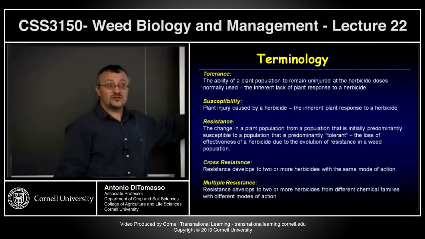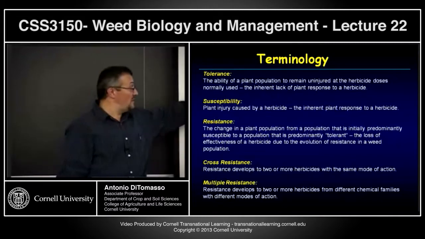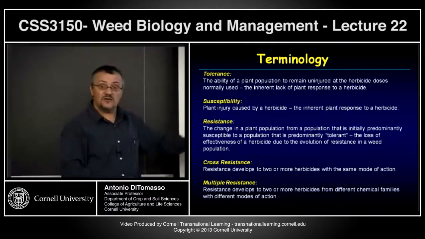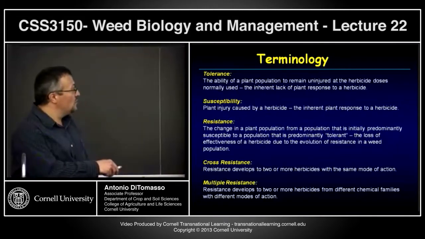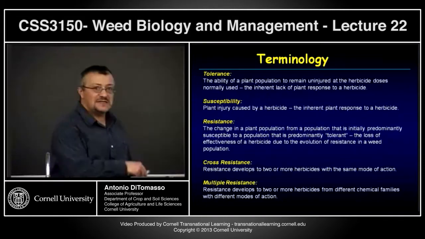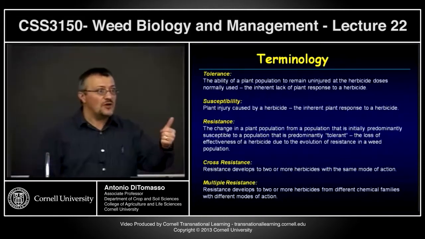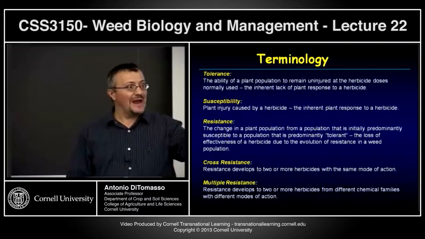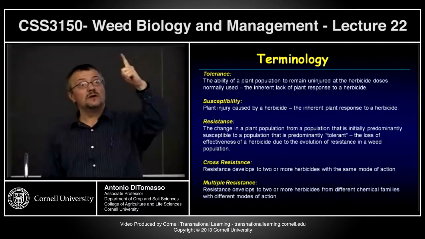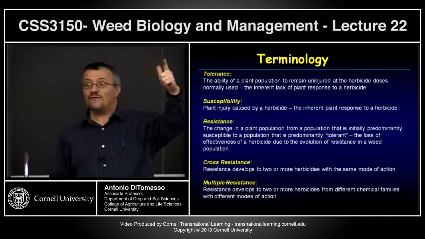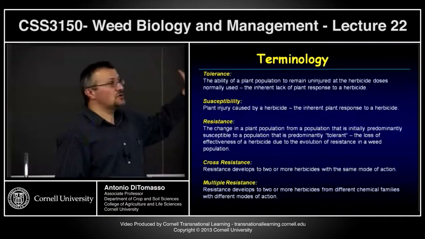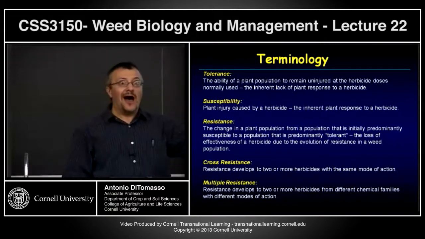When you run into issues of multiple resistance, this is still bad, don't get me wrong, but it's at least one mode of action. With multiple resistance, you get weeds that have developed resistance to two or more herbicides with different chemical families and chemical modes of action. So now you have something that's resistant to atrazine, a photosynthetic inhibitor, resistant to Treflan, a mitotic inhibitor, resistant to 2,4-D, an auxin mimic.